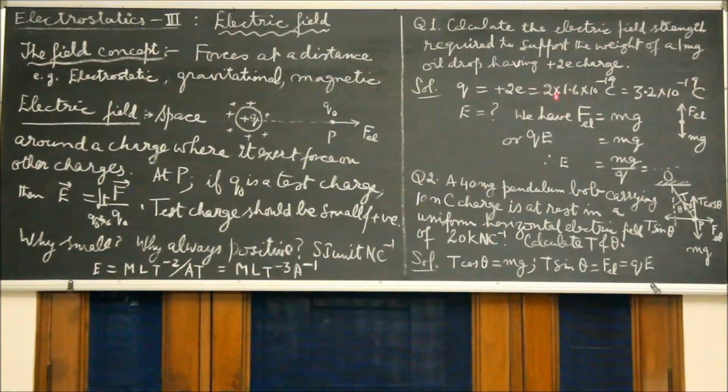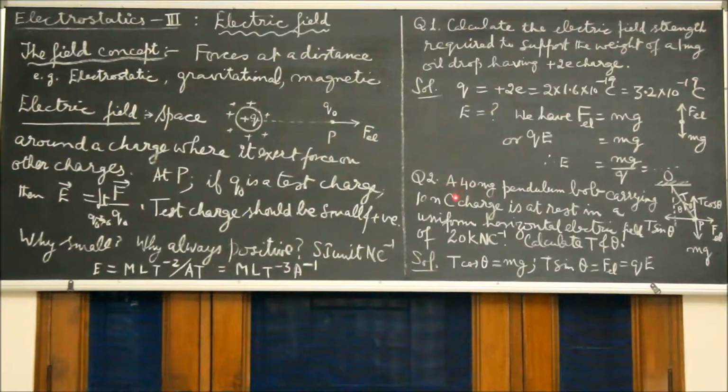In order to support the weight, we need the force mg, that is weight of the oil drop, balanced by F electric. So this is the equation for equilibrium. F electric is qE and weight is mg, which gives you E equal to mg over q. So you can find the unknown strength of the field.